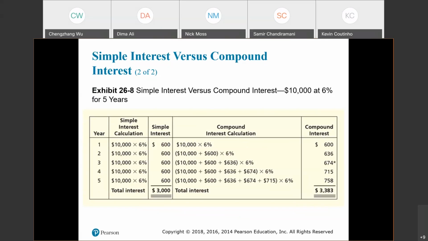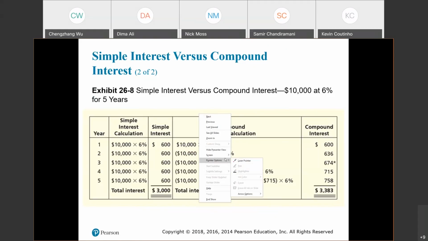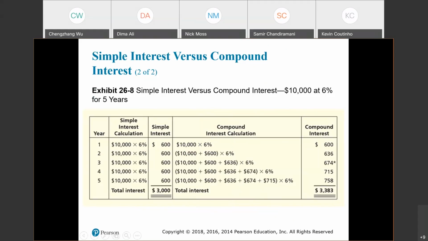For the first year, using simple interest, the interest is calculated using 10,000 times 6%, which is the interest rate.